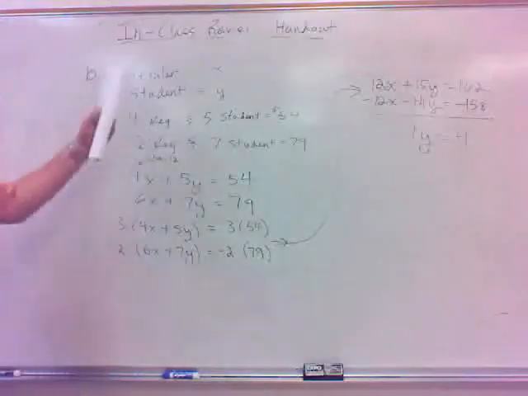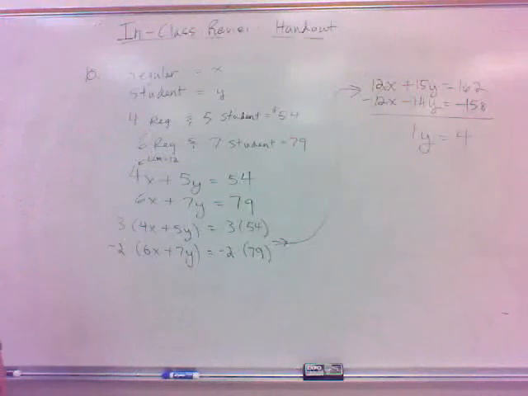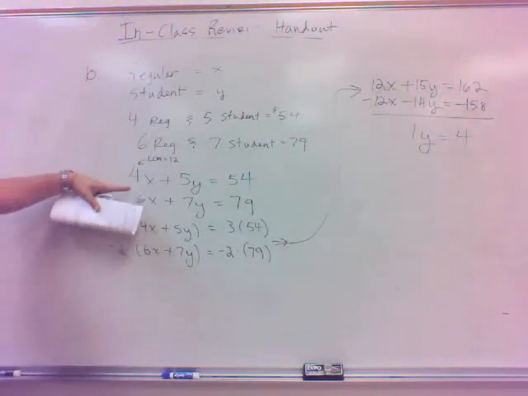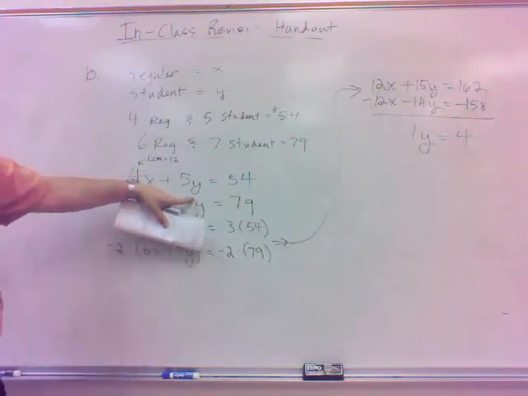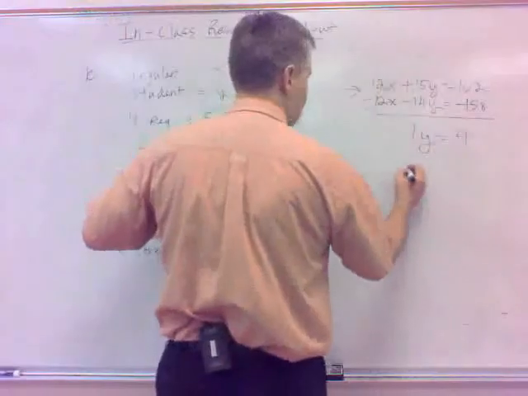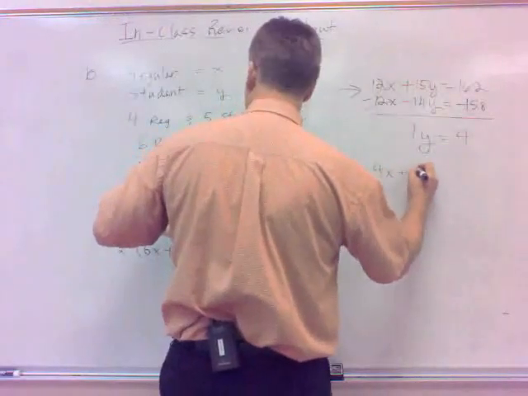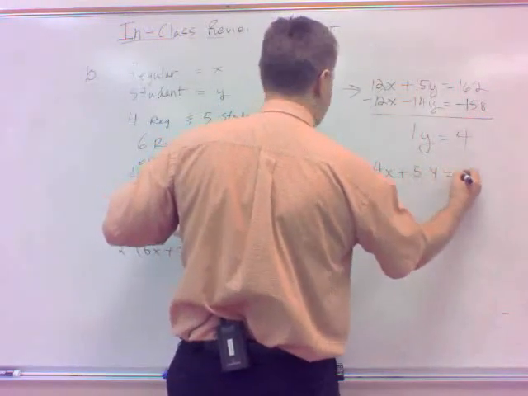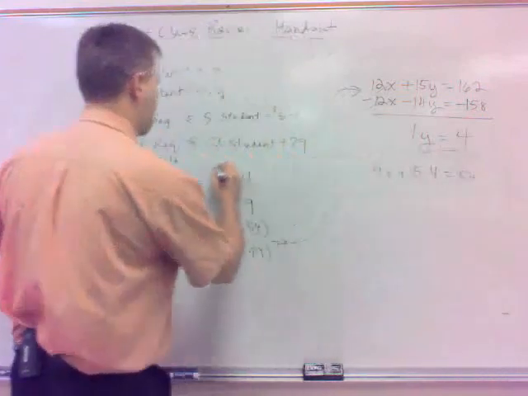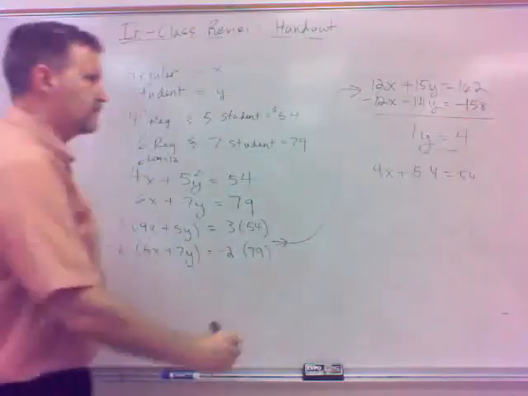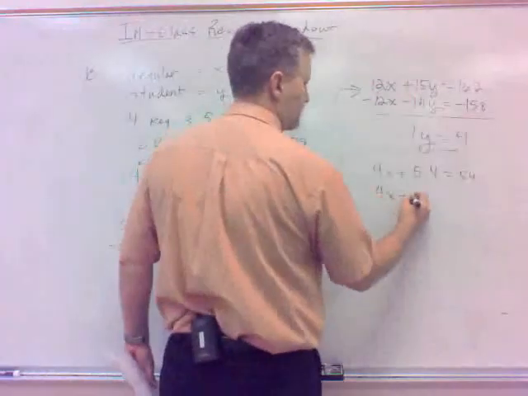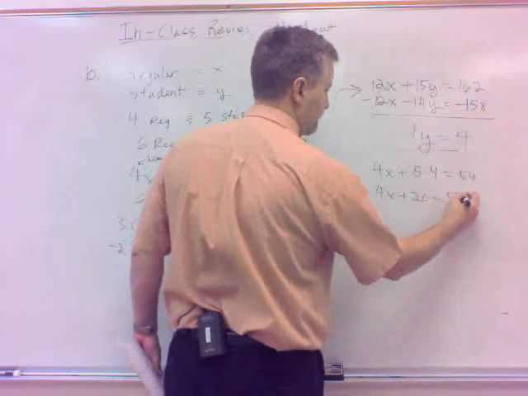That's my student price. Still need the regular price, so just do a little substituting, right? Y is 4, so this would be 4x plus 5 times 4 equals 54. Just substitute that y in. So it's 4x plus 20 equals 54.